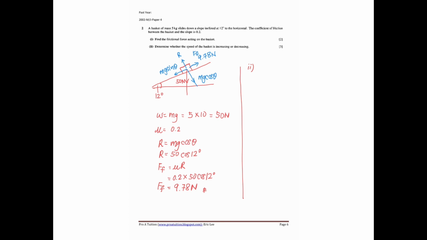So we want to find the resultant force along the slope. Down the slope is mg sin theta. I assume this is the positive direction.